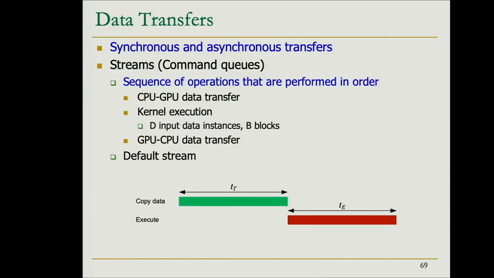I cannot start the execution of the kernel until I have finished copying the data from the CPU memory to the GPU memory. So if this is matrix multiplication, first thing to do is to transfer both matrices from the CPU to the GPU memory, and then I can start the execution. So these operations represent a single stream, the default stream.